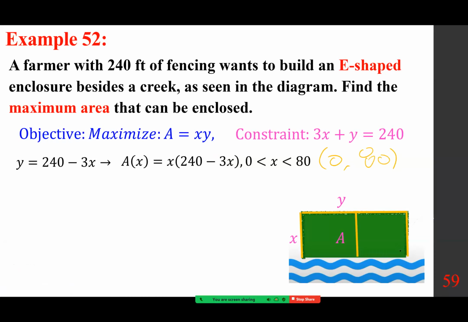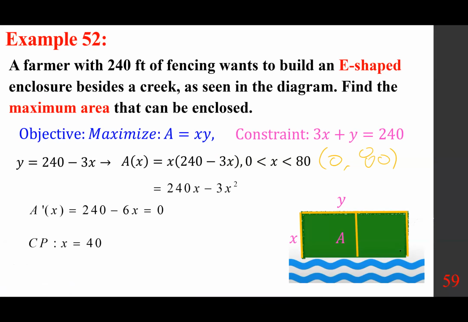So you distribute. So you can differentiate: 240 minus 6x. So you can set it equal to 0 to find the critical points, and it becomes 40. So you have one critical point and an open interval.